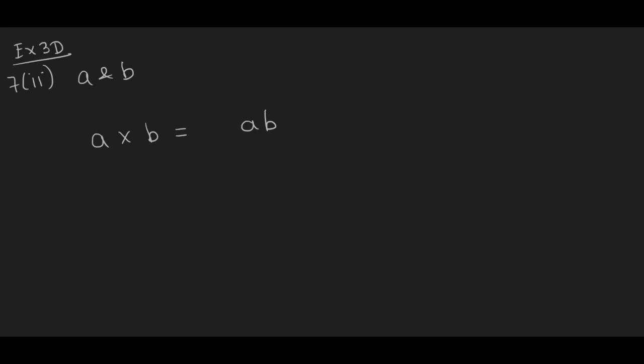So here children, if both a and b integers are positive, then plus plus will be plus, but if both are negative, it will be minus minus plus, so the product will also be positive. So if both the integers are positive, the product will be positive. If both the integers are negative, then their product will also be positive.